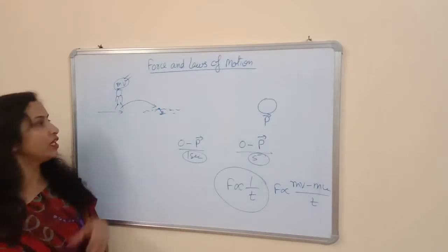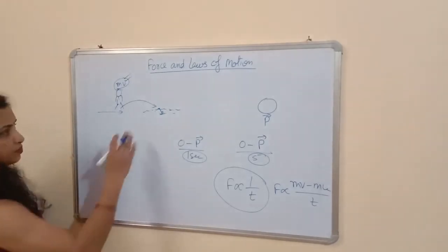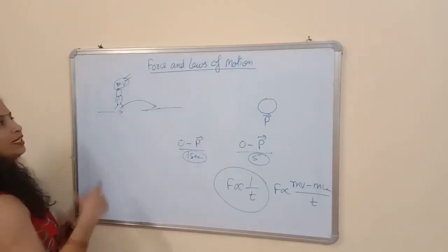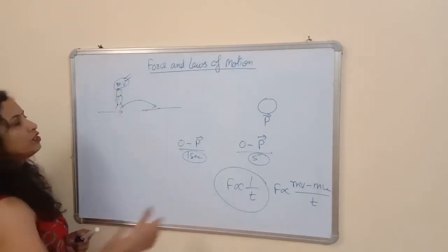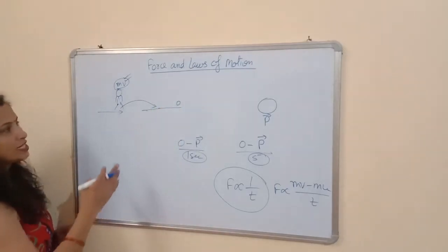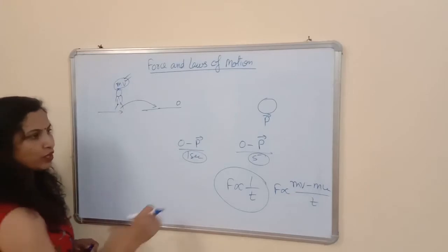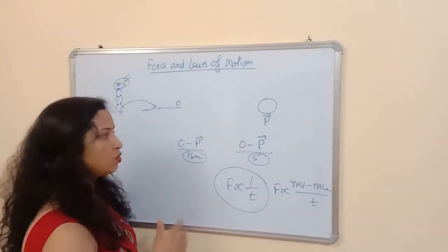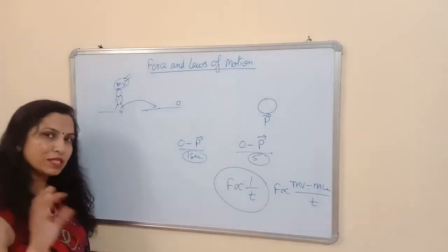Now what will happen if we jump on a cemented floor? Again, if we jump on a cemented floor, he has some momentum, and when he lands on the floor, his final momentum becomes 0. The momentum changes, and we can't change the value of the change in momentum. So some force will be applied on the person.